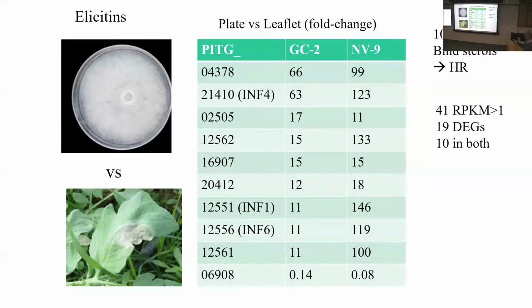And what you notice is that 9 of these are dramatically more highly expressed in the sporangia from plates than they are from leaflets. 1 is dramatically less expressed in sporangia from plates than in leaflets. That's an interesting elicitin, I think. But these others are all associated with production in plates.